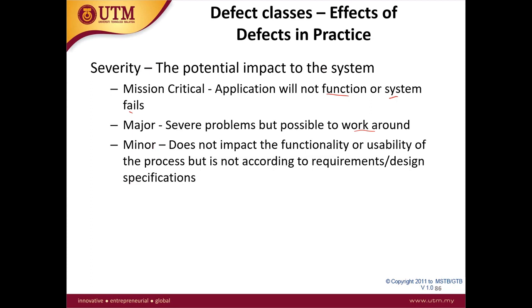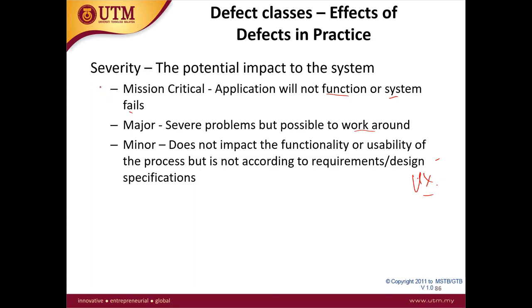It must also be solved. Minor does not impact the functionality or usability of the process, but it is not according to requirements or design specification. So it's something like UX, user experience, something very subjective. Change the color of the system.